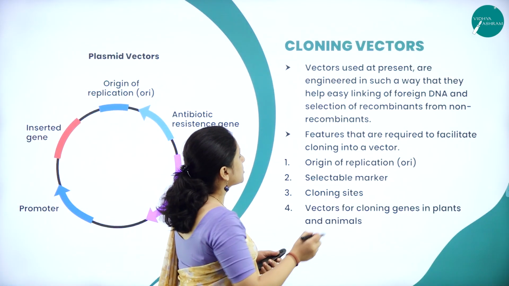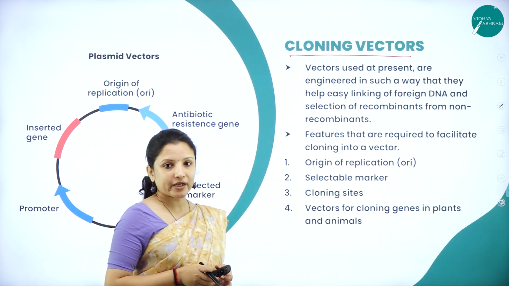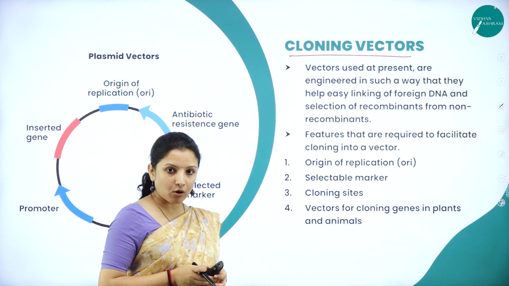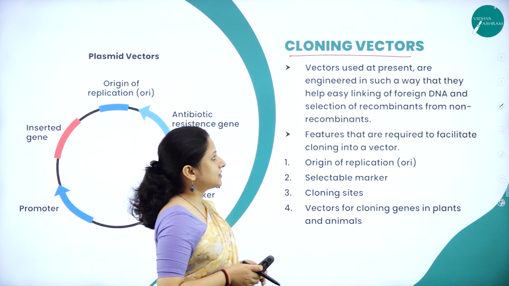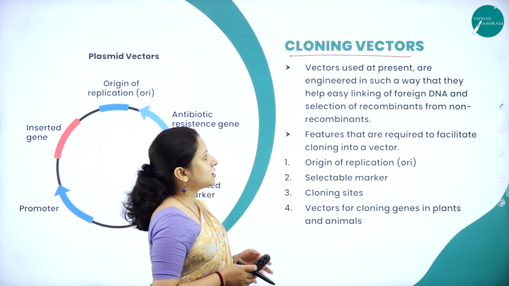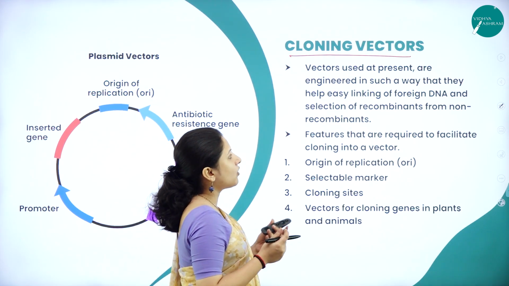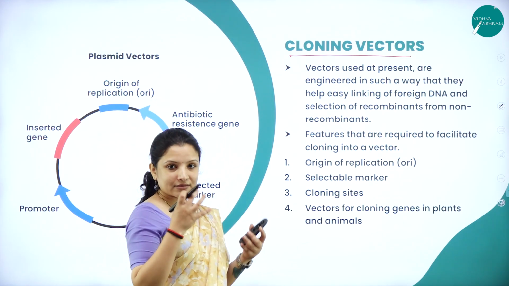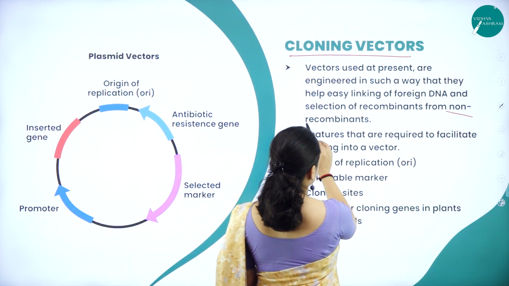Talking about cloning vectors: they are the vehicles that are used at present, and these vectors are engineered in such a way that they help us keep a link of the foreign DNA and select recombinant DNA from non-recombinants.